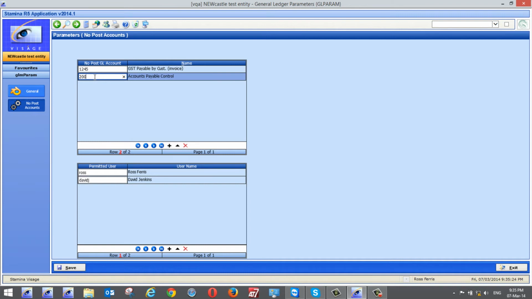So if someone tries to, and if they're not on this list, they'll be told, look, you can't do that, you can't reference this account because it's a non-posting account. Conversely, if someone who is on this list, such as me, tries to reference this account, I'll get a warning still, so I'll be alerted to the fact that it's a no-post account, but I will be able to continue.